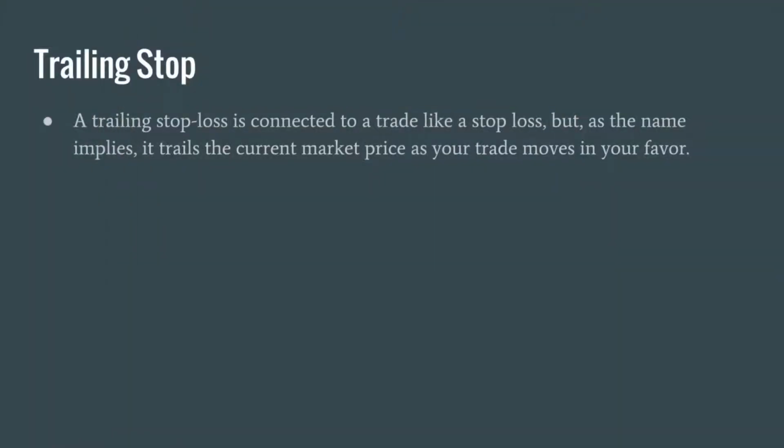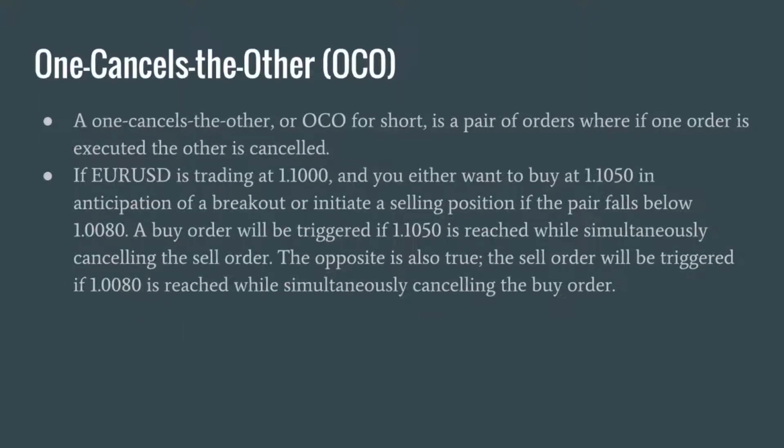And so the next type of order is a one cancels the other, or OCO for short. And an OCO order is a pair of orders where if one order is executed, the other is canceled.